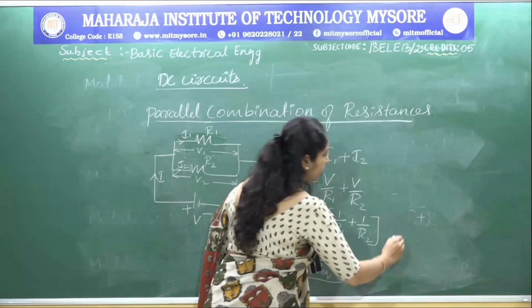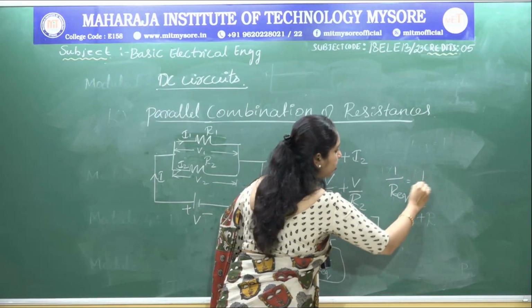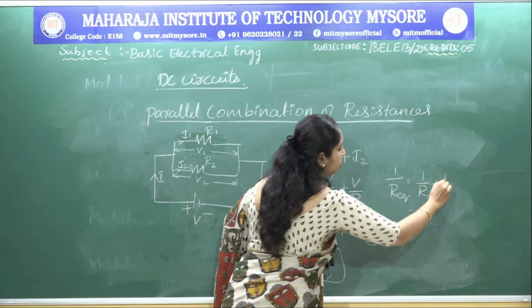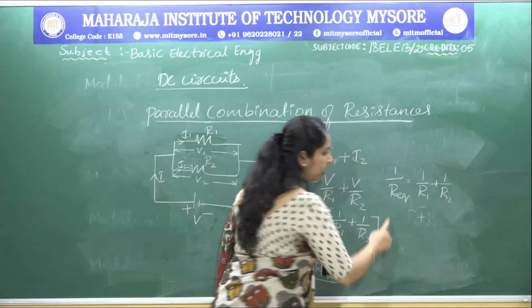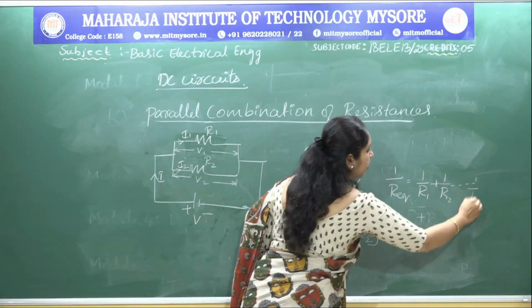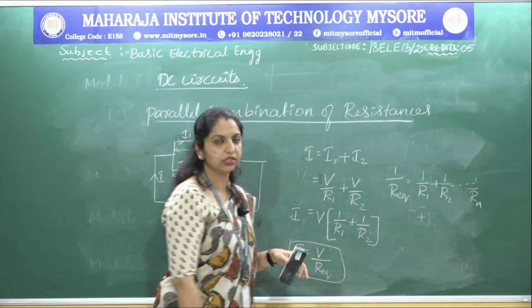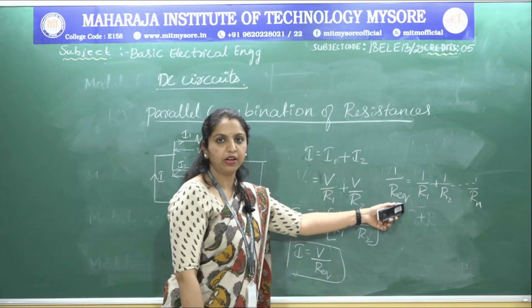What is R equivalent? 1 by R equivalent is equal to 1 by R1 plus 1 by R2 in this particular example. Similarly, you can have n number of resistors. This is the general equation.